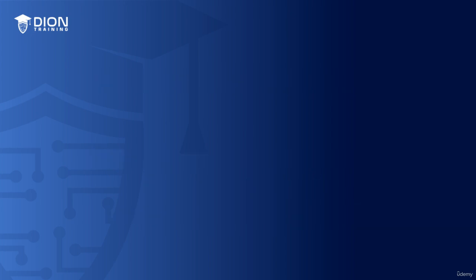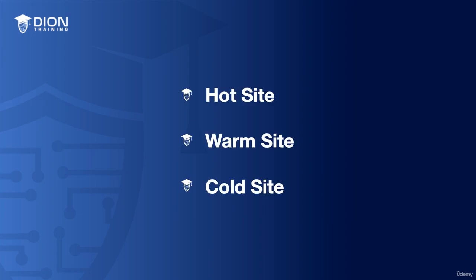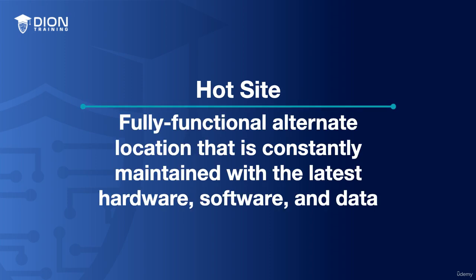Now, there are three main types of disaster recovery strategies used in cloud computing. These are known as hot, warm, and cold sites, and they are used in both cloud-based and on-premise solutions and designs. These three levels refer to the level of preparedness and infrastructure that is available for use when a disaster occurs. A hot site is a fully functional, alternate location that is constantly maintained with the latest hardware, software, and data.